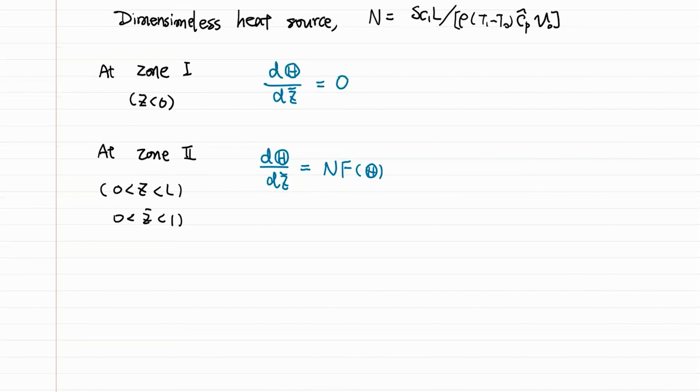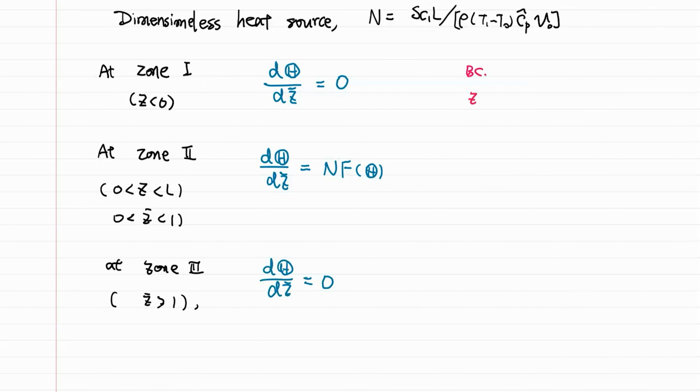And finally, at Zone 3, where the dimensionless Z is greater than 1, we again have dH/dZ bar equals 0. And the boundary conditions become like this.